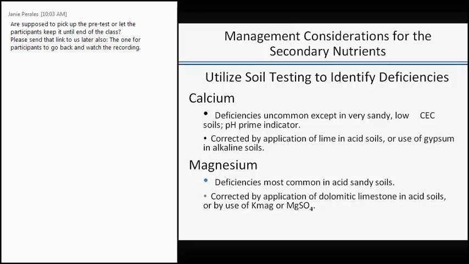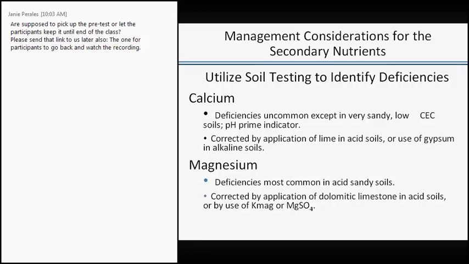So calcium deficiency symptoms are uncommon, with the exception of our very sandy soils, low cation exchange capacity soils, and where we have low pHs. We can correct it by adding agricultural limestone, or we can use gypsum if we have alkaline soils.